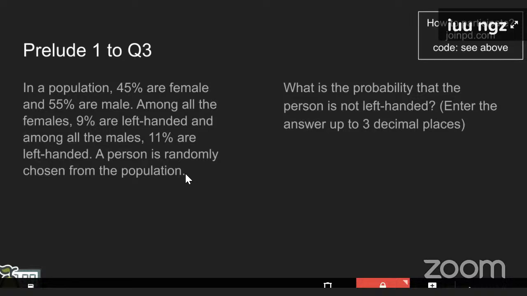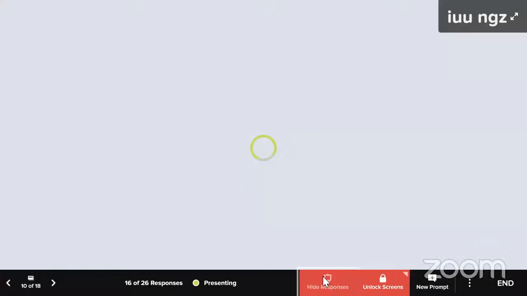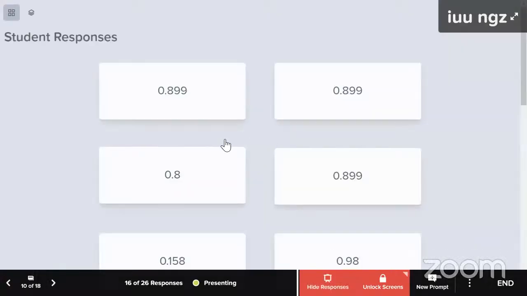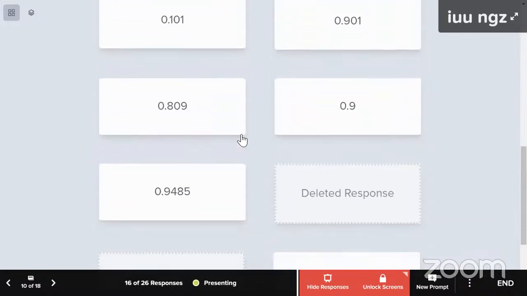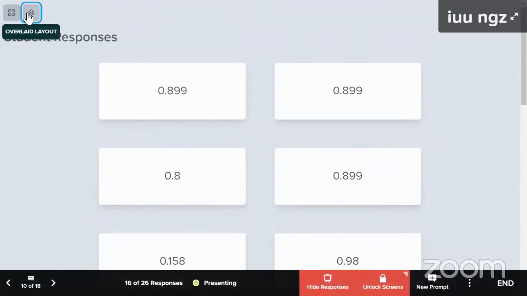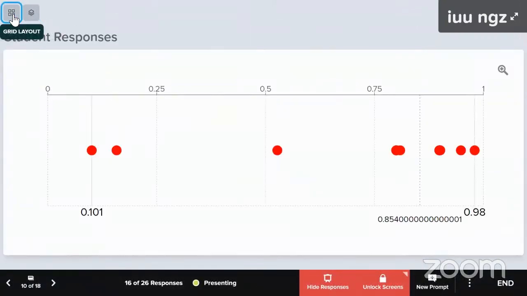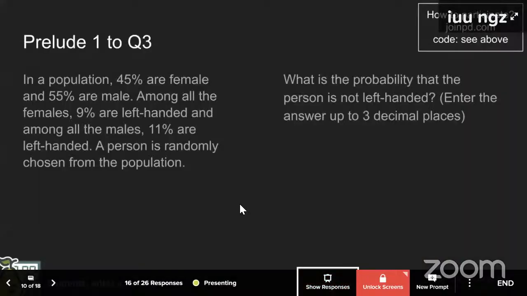All right, let's see what you have answered. Still, I see only 16 people have responded. Okay. So 0.899, 0.899. The answer varies a lot. So how do we proceed with this?